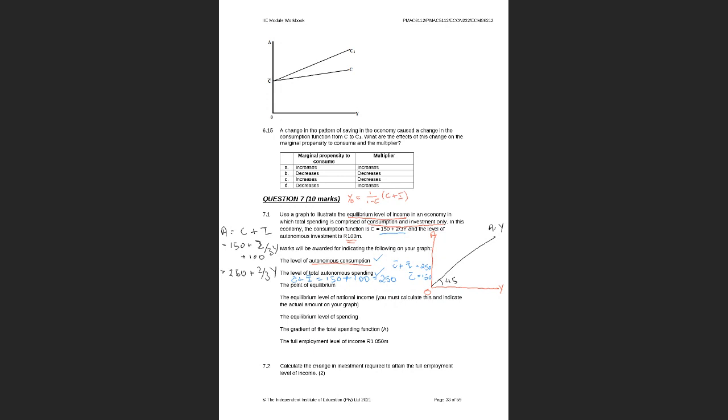And as a result of this, guys, this is now our line. So we take another line here, and this is where A is equal to 250 plus 2 over 3 Y. All right, and where's our equilibrium? Let me know in the chat. Where's our equilibrium?